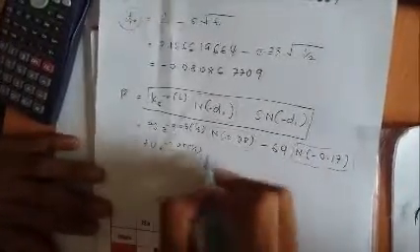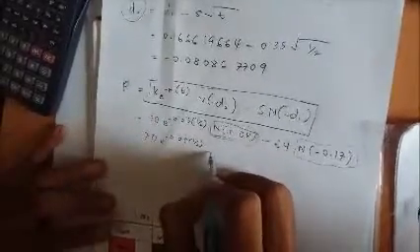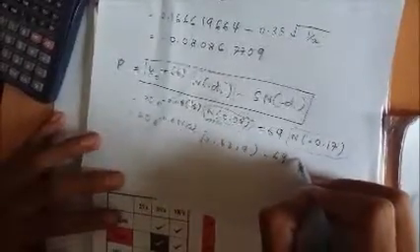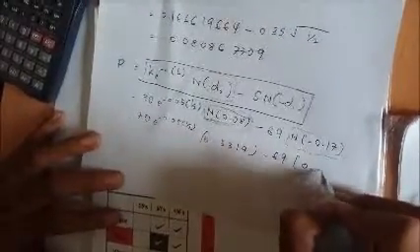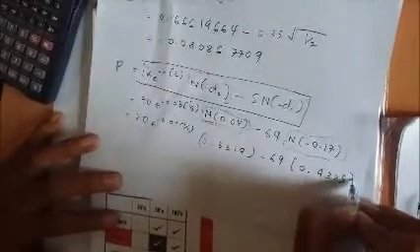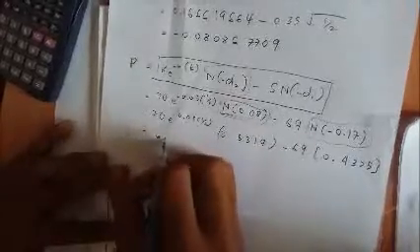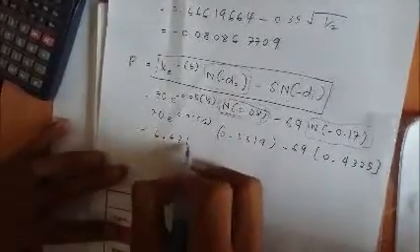So when we fill in the values, this 0.5319 and this 0.4325, okay, we get the answer 6.4712.